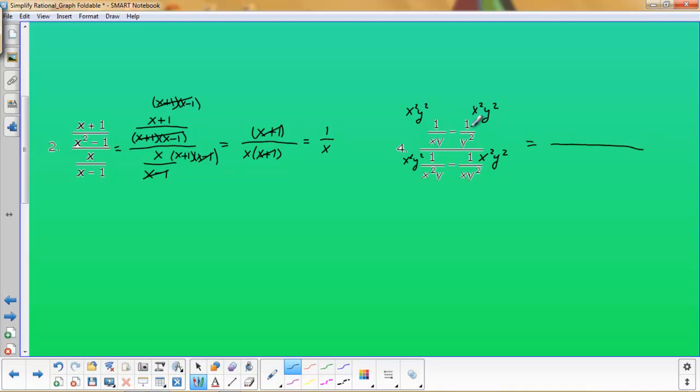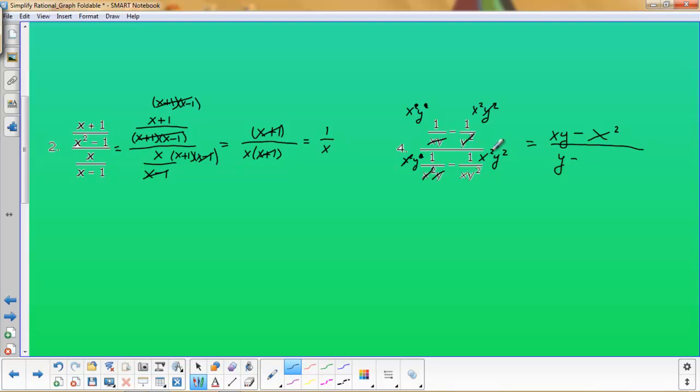Now the nice thing about it is they're all over 1, so whatever's left I just rewrite again. So xy is going to cancel out these, and my first value is going to be xy minus. The y squared will cancel here, and that's going to leave me x squared only. The y is going to reduce this 2 to a 1, and then the x squared will be completely canceled out.